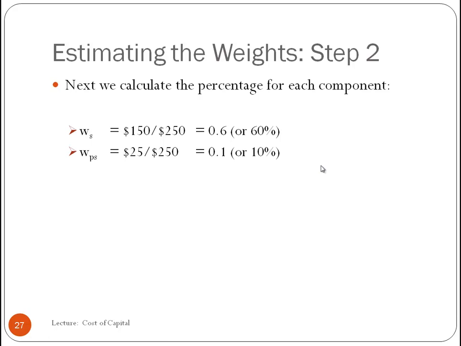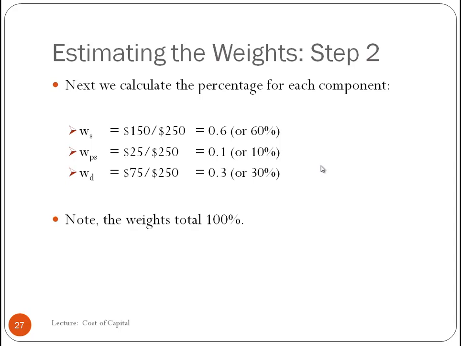For the preferred stock, it's 25 million divided by 250, or 10%, and for the bonds, the weight is 75, the value of the debt outstanding, divided by the whole, which is 250, or 30%. And you'll note that the weights add up to 100%, which is what we would expect and require, because these represent 100% of the investor sources.